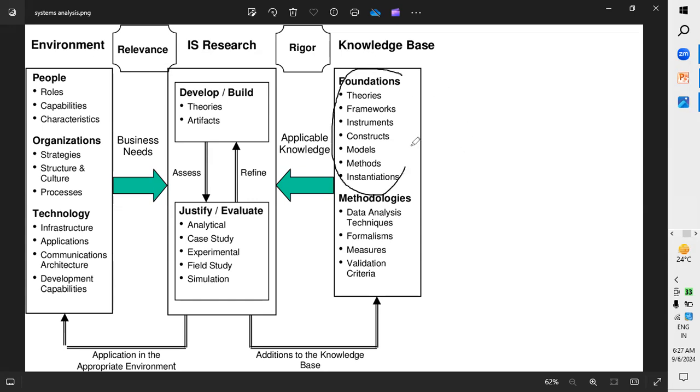One is the foundation part we need to know. Next, we must know about the methodologies. When it comes to foundations, there are different foundation areas where we need to know about the theories. At the same time, we must know about the frameworks, as I told you. For example, in Java application programming, we use different frameworks like Struts and Spring Framework.